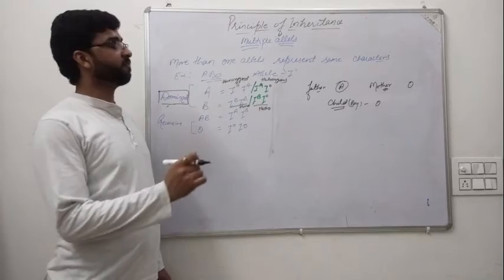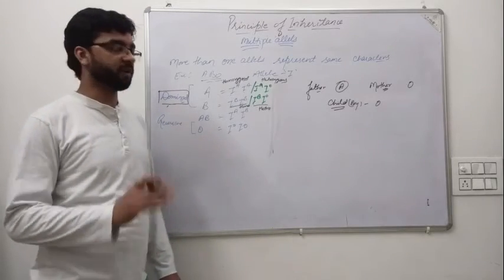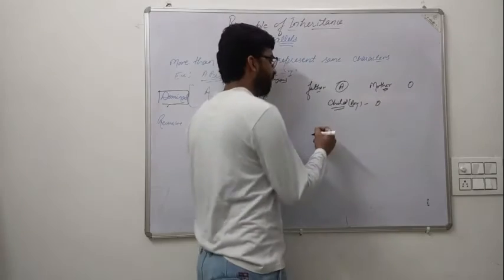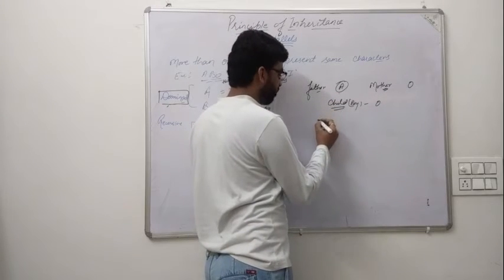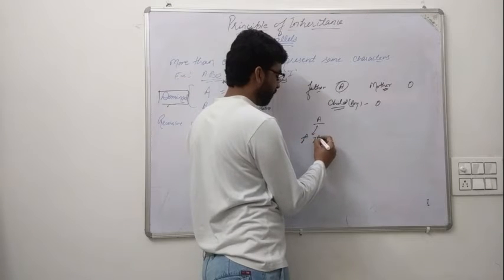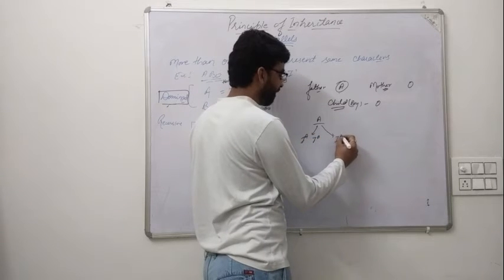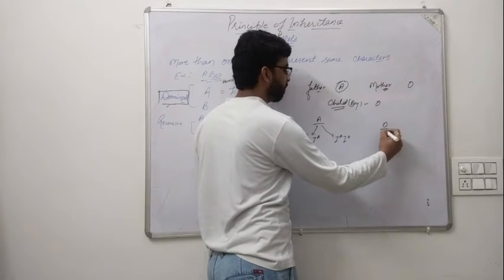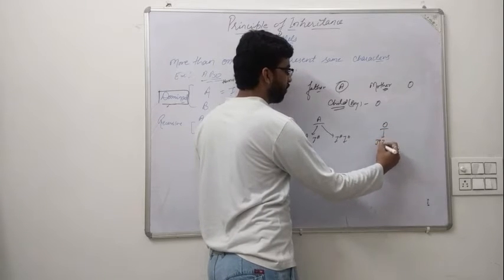Then what will be the genotype of the father? We conclude that in the condition of A, it is either IAIA or IAIO. In the condition of mother O, we know IOIO, only IOIO.